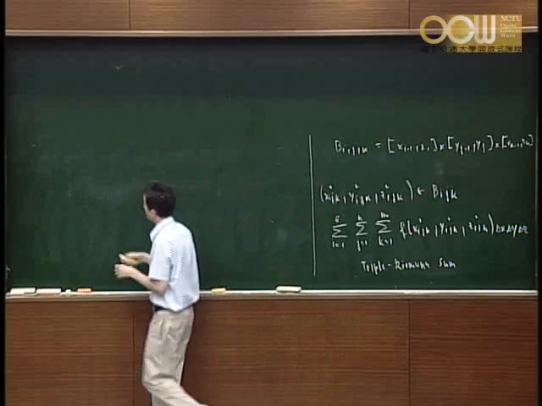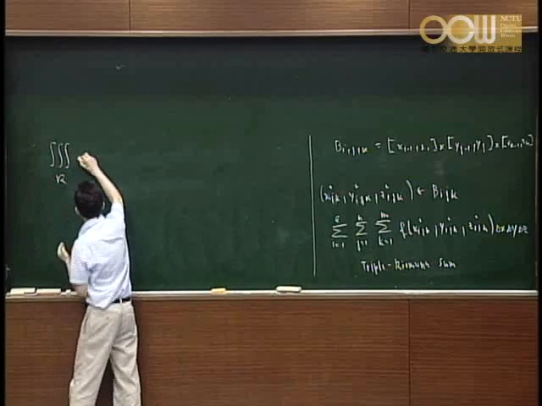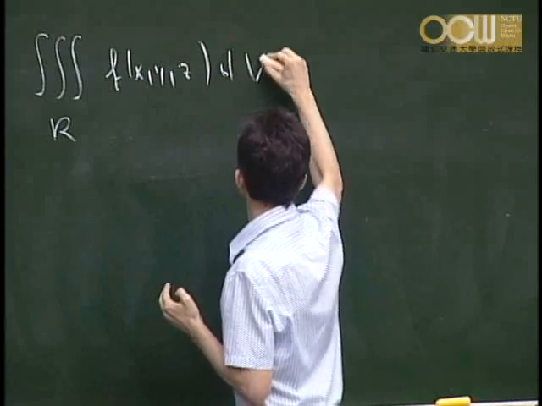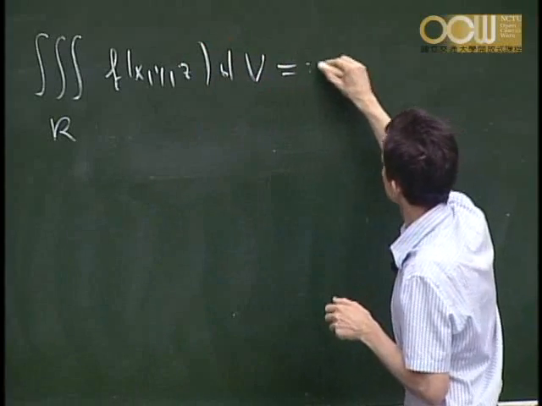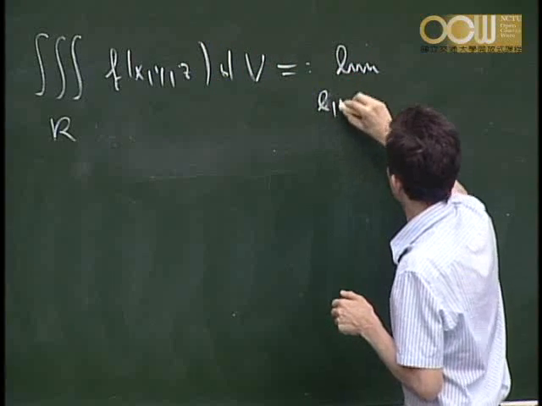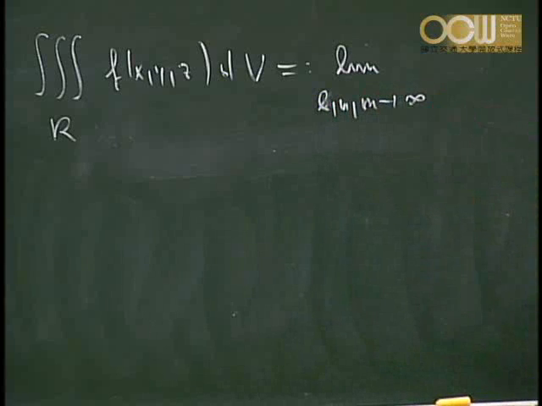But I can define an object like this over R, the integral of f(x,y,z) dV, and my definition is the limit as l, n, and m all tend to infinity of this triple Riemann sum.